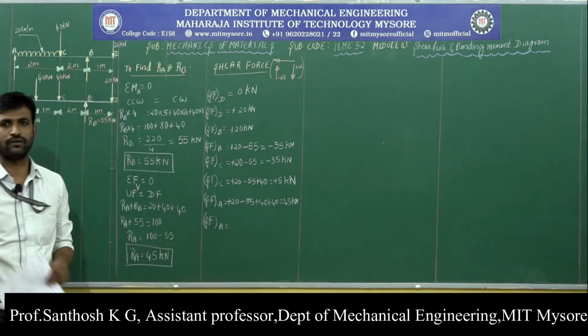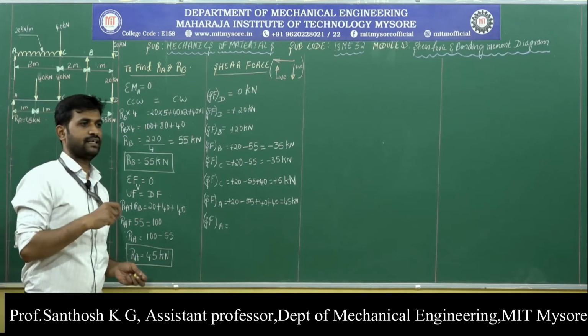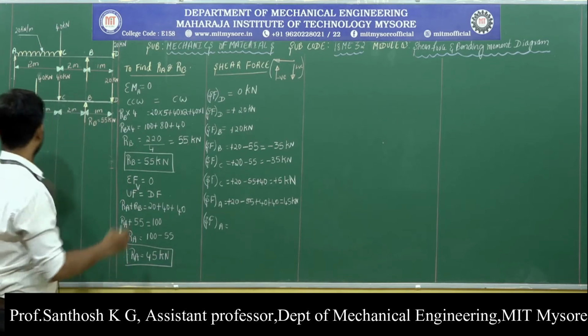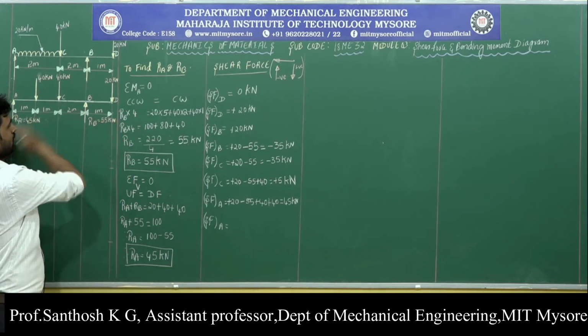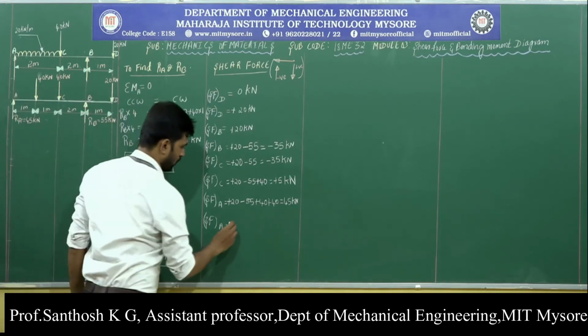Next, we shall find what is the shear force at A by considering the shear force which is acting at A also. So, when you consider the shear force acting at A while moving from right side to left side, we get the following forces.